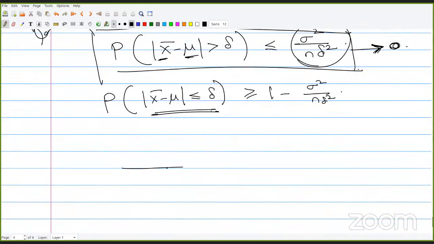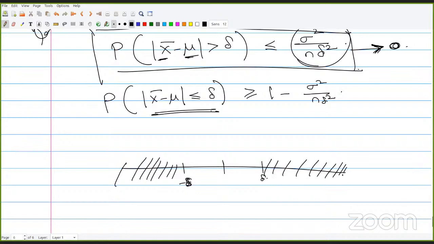So if this is the X bar minus mu value, this is minus delta to plus delta. The probability that the value lies outside of this interval is less than or equal to sigma square by n delta square.